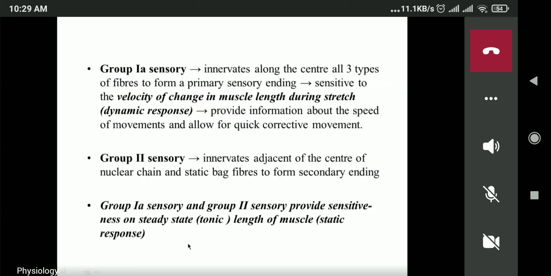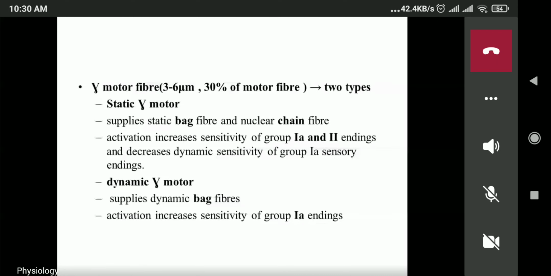When you are holding a heavy bag, a heavy book, and you are not moving your hand, you are not moving your body part, at that time both Group 1A and Group 2 sensory are carrying the impulse, and that is static response. Am I clear? Yes, sir. And dynamic.